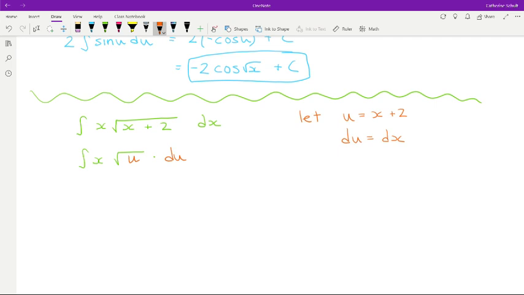This was a little bit different, so what can we do? Let's look at our scratch work. I see an x right there, so I can get x in terms of u. I can subtract 2 from both sides, and x is going to be u minus 2. I'm going to make the substitution like that, which is a little different.